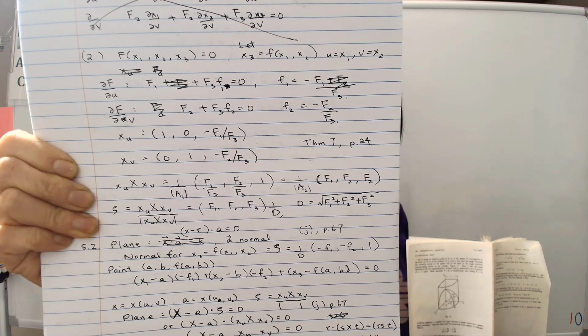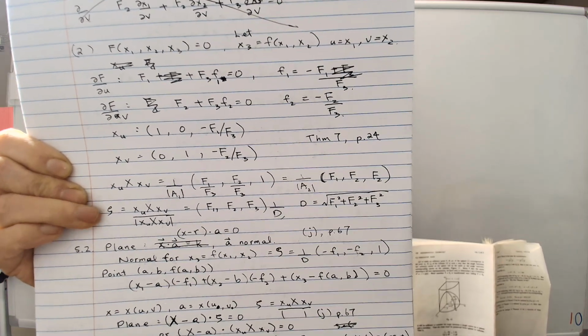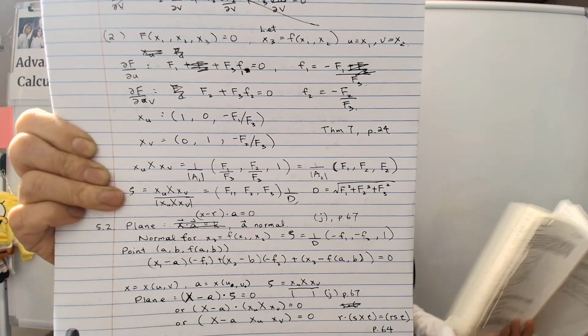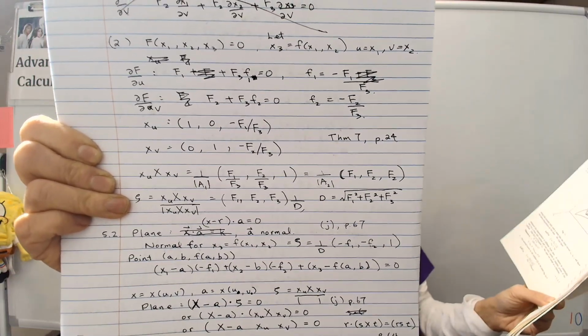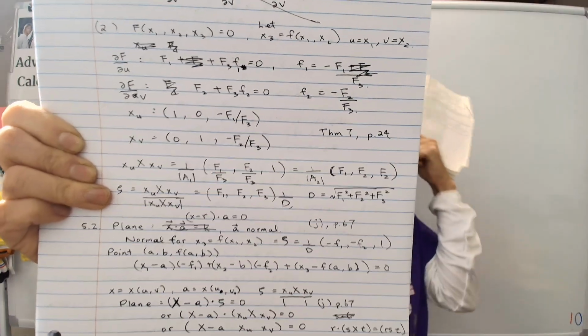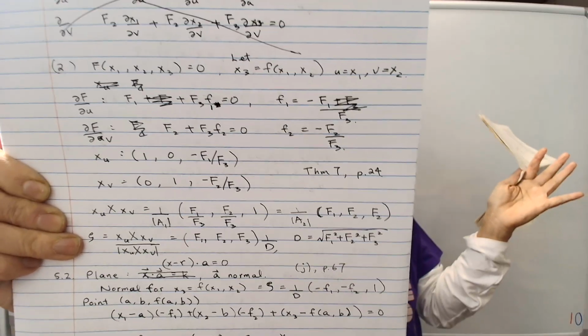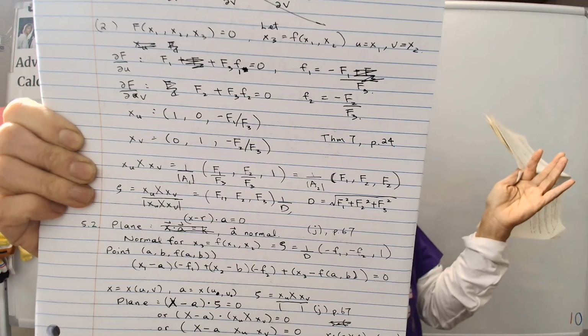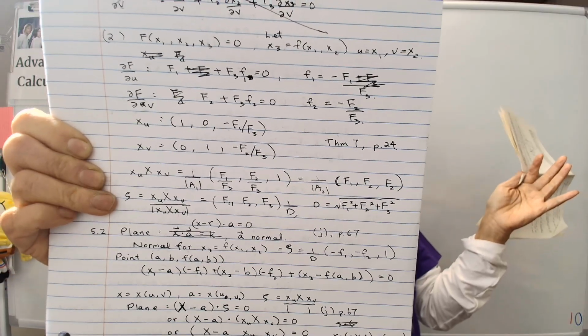So then by the time you take the cross product, you end up with this thing right here, where zeta equals the F1, F2, F3 vector divided by some proper magnitude to make it a unit vector. But that is basically how we did this.